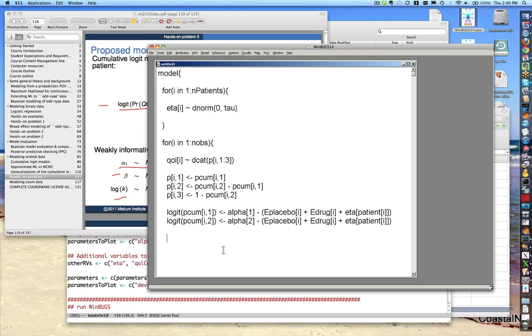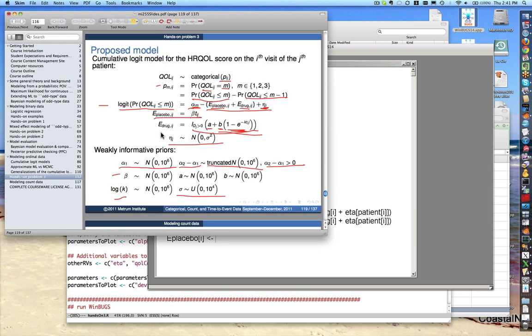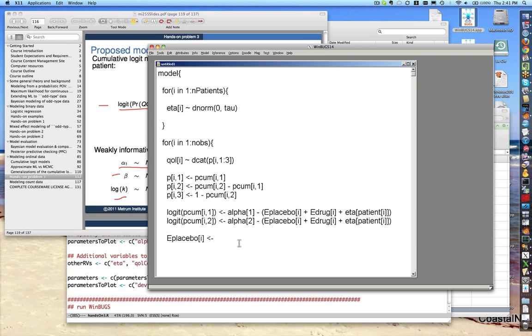Okay, we just have to generate our E placebo and E drug components here. So let's go ahead and do our E placebo, which was our beta TI. So we're going to have beta star, I think I just called it time I. Okay, there's our placebo effect.